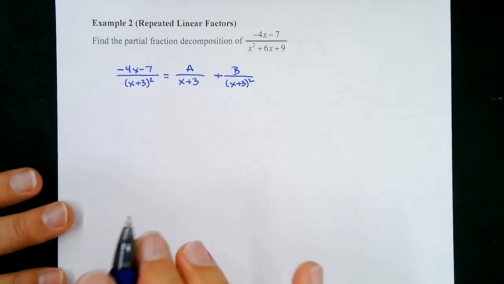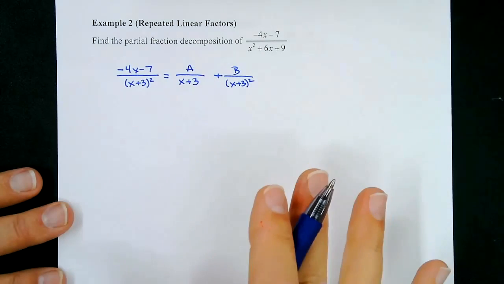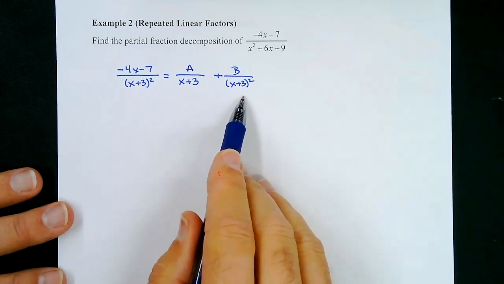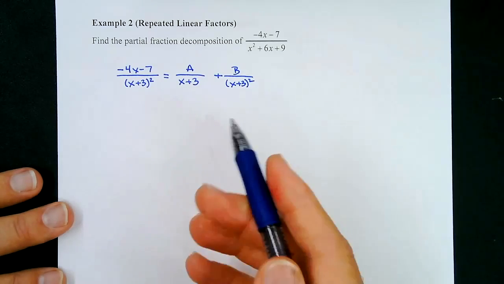All right. So once again, what we want to do is we want to clear out our fractions. So to clear out all of these denominators, I'm going to need to multiply by x plus 3 squared.